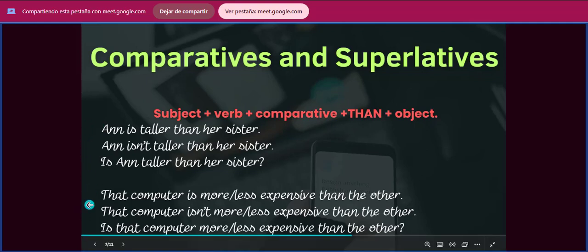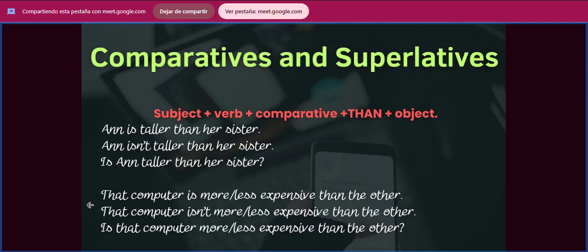Then I also included examples related to computer terms, that is what you're studying. So for example, that computer is, we can say, either more or less expensive than the other. Or that computer isn't more expensive than the other. Is that computer, let's say, less expensive than the other?